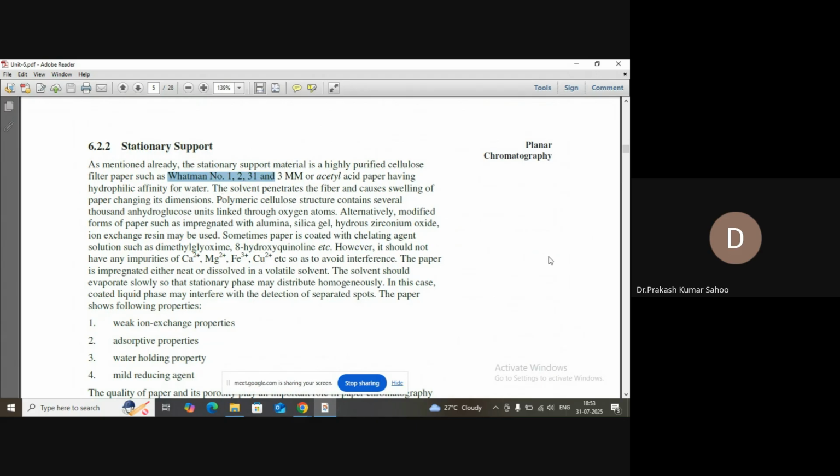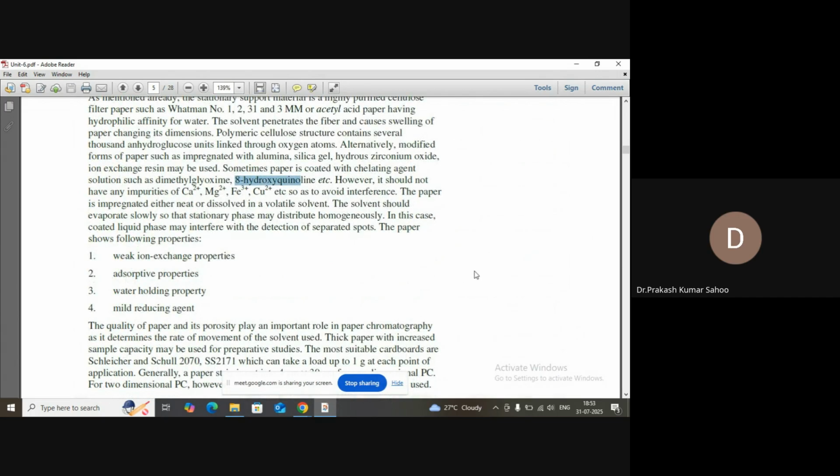After soaking water in the paper, it acts as the stationary phase. Okay. And sometimes some selecting agents like DMG, dimethylglyoxime, 8-hydroxyquinoline are also used for making stationary phases.